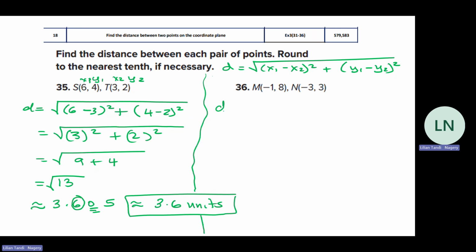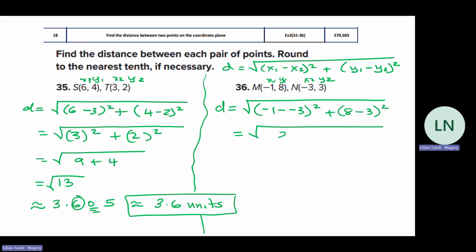So D equals square root of x1, y1, x2, y2: -1 minus -3 squared plus 8 minus 3 squared. So you have that. This should give you the square root of 2 squared plus 5 squared, which gives 4 and 25.